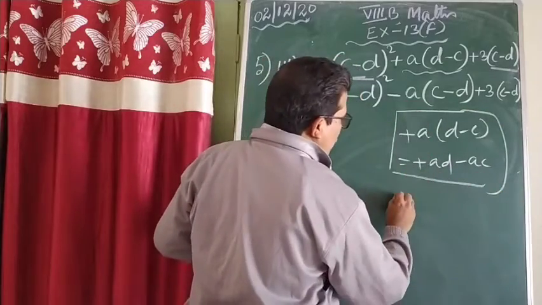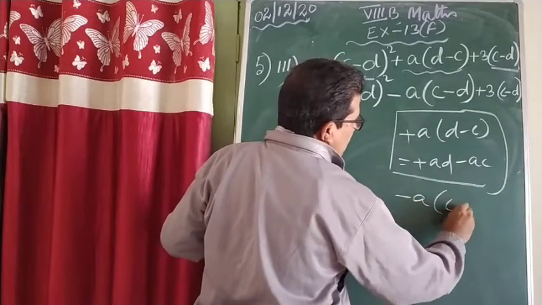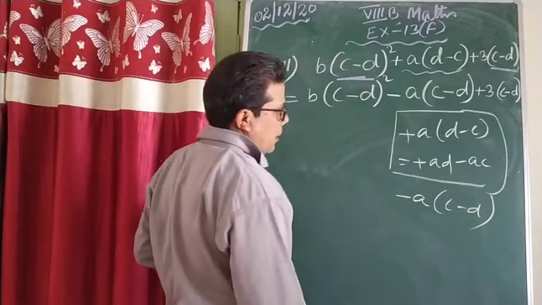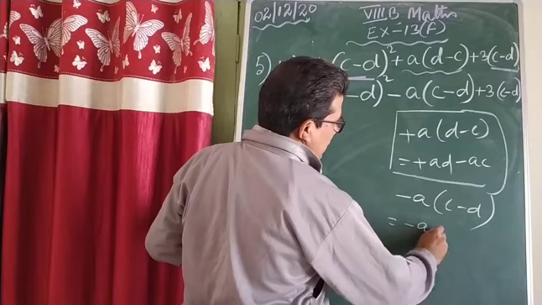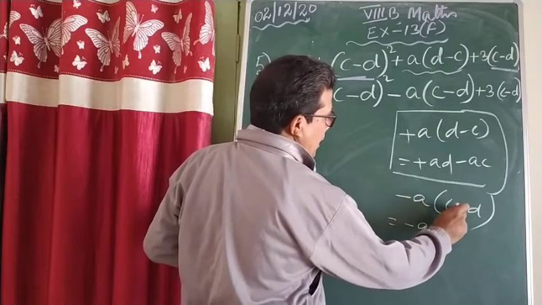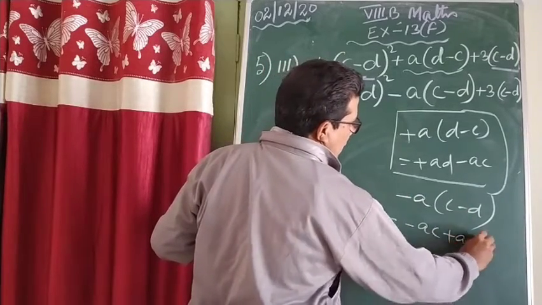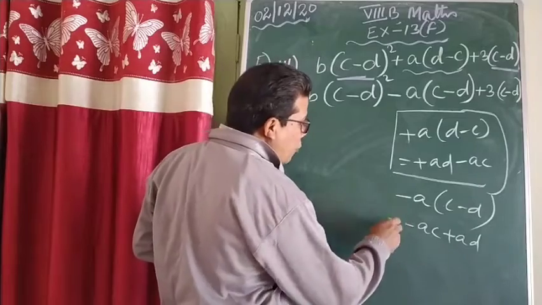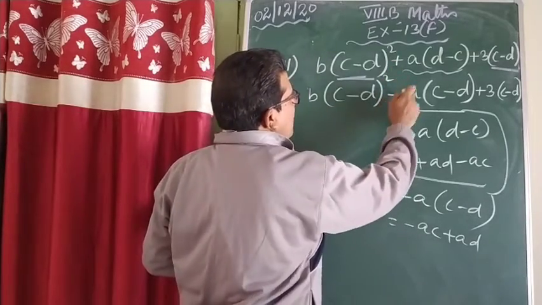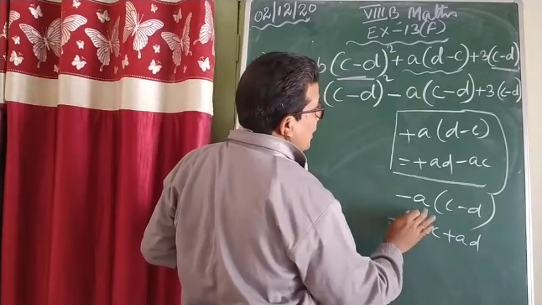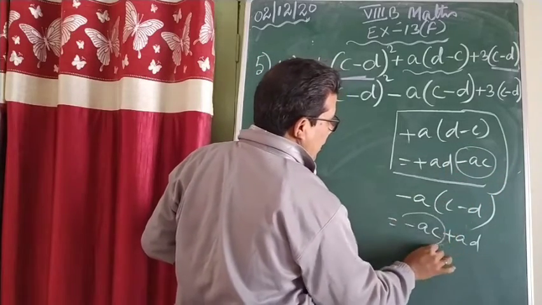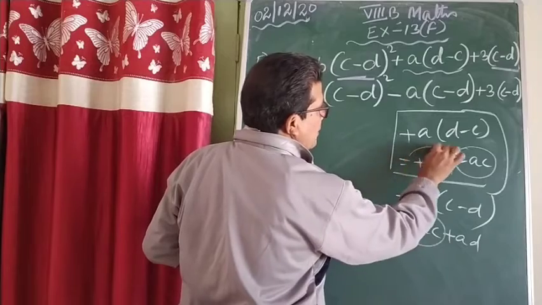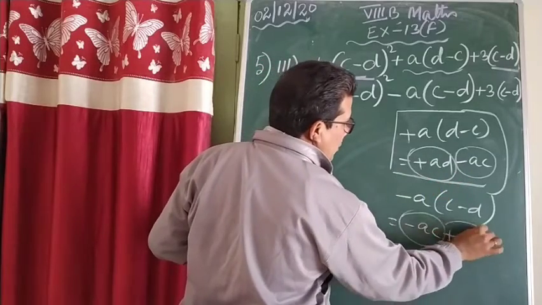Now if I do this like minus A, C minus D, you do the multiplication. Minus times plus gives minus AC, minus times minus gives plus AD. So what have you noticed? By putting the minus in place of plus, the value will not change, because when you multiply, here is coming minus AC, here also minus AC, here plus AD, here also plus AD.